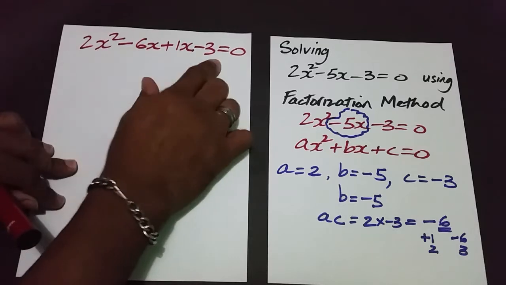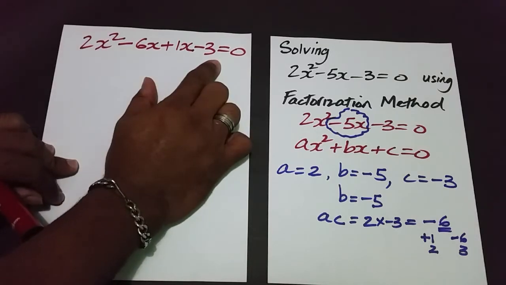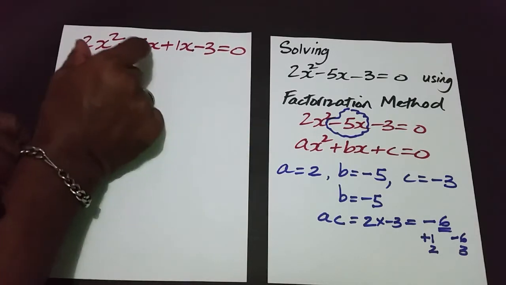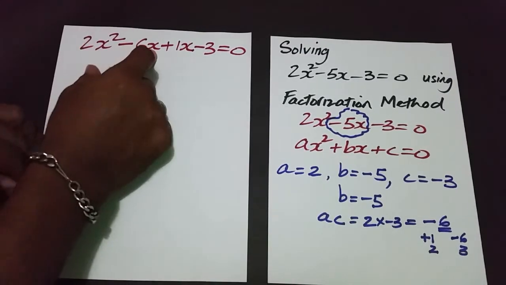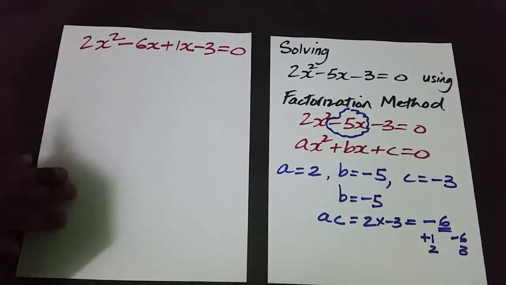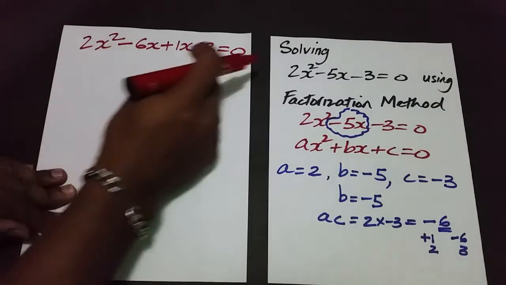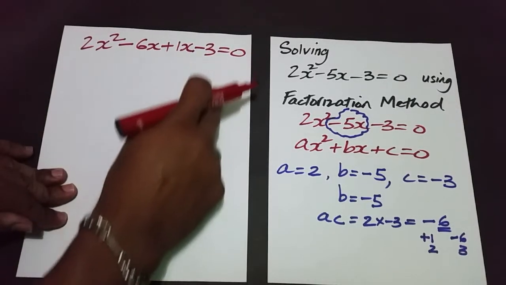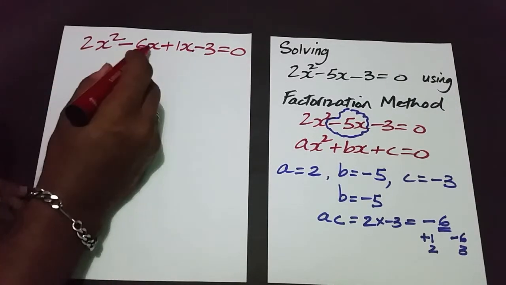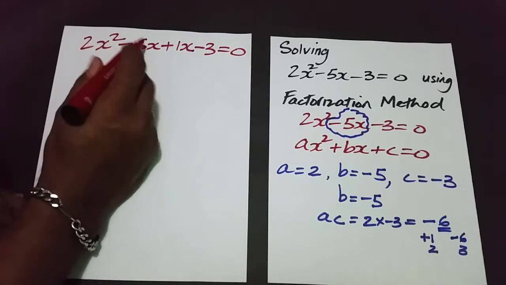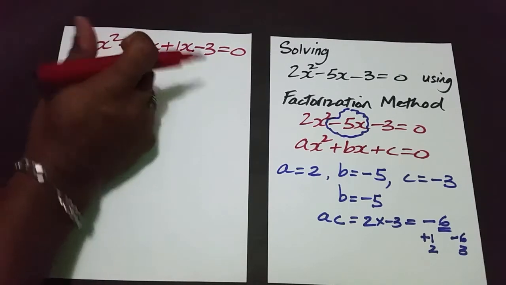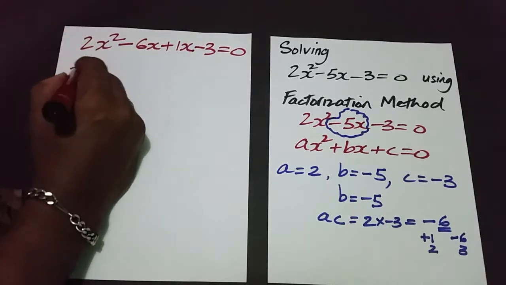Now we have 1, 2, 3, 4 terms, and we're now going to proceed to factorize by grouping. So what would be common in these two terms here? That simply would be 2x. And remember, don't put any equal sign here because you're solving an equation and there's an equal sign present already. So if you look at these two terms here, 2x would be the highest common factor, so we can factor that out.